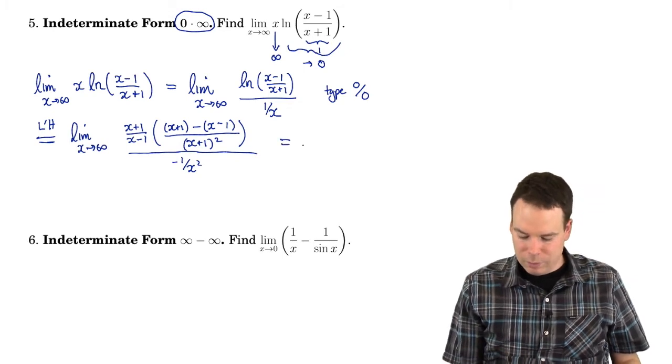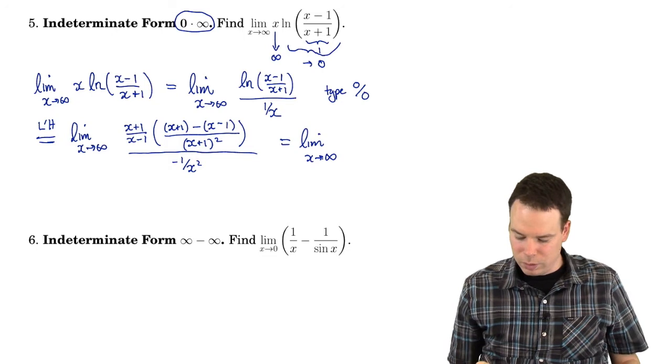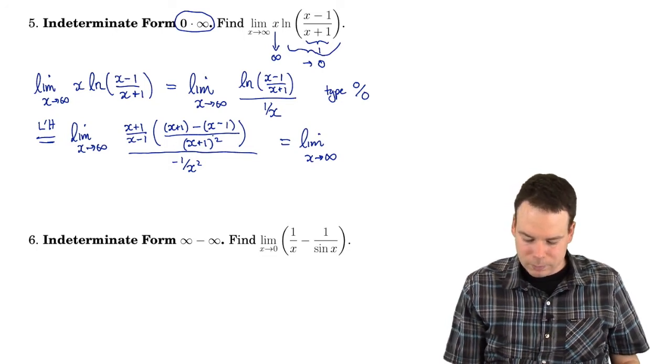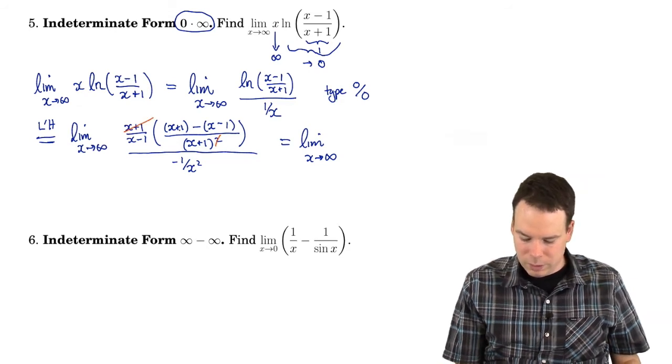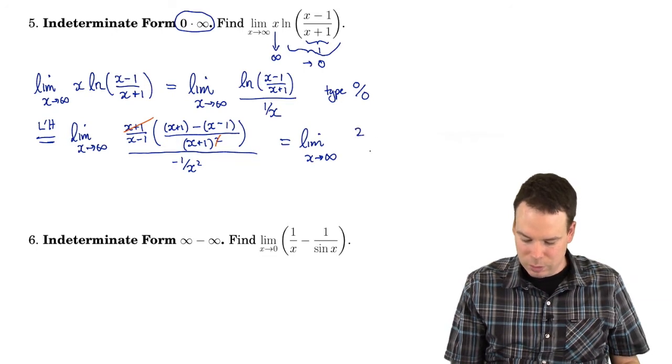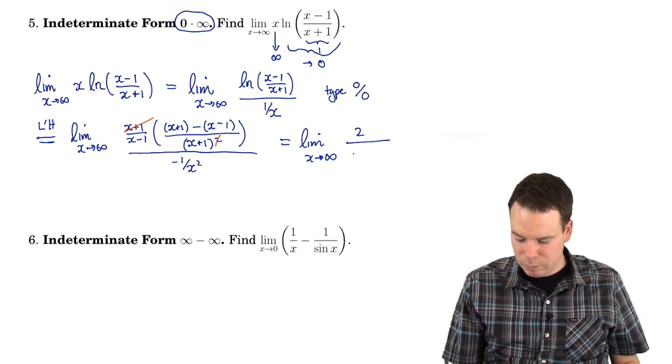Now I have a little bit of simplification to do before we can figure out if we can work out this limit or not. One of these cancels with that one. I have an x plus 1 minus an x minus 1, so that becomes a 2 on the top. I have an x minus 1 times an x plus 1.